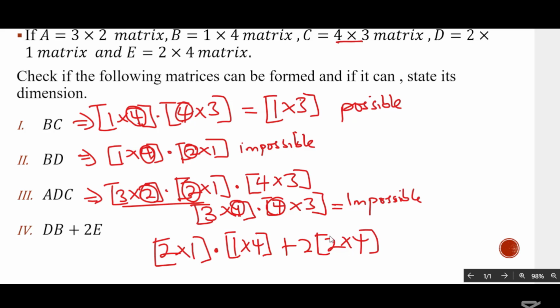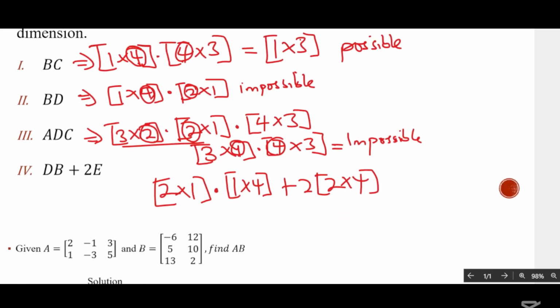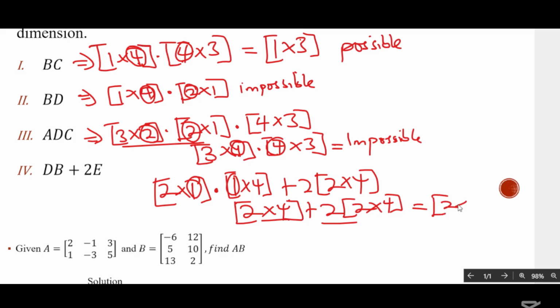So now let's take it at a time. So 2 by 1 times 1 by 4, we have the same number here, we are going to have 2 by 4, plus another 2 times 2 by 4. And this is possible. That is great. So this is possible to be added, because you are going to have a 2 by 4 dimension, which is possible to be added.